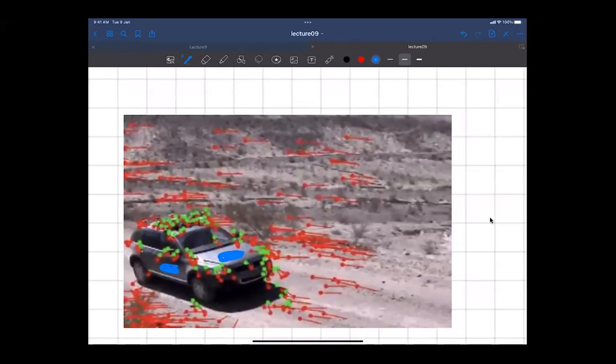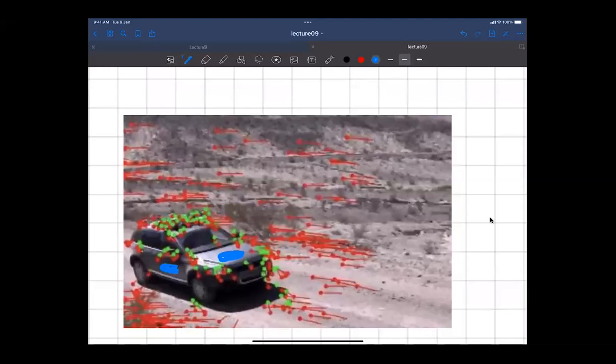The motion here, you have to be careful, is not necessarily the motion of the objects, but also the motion of the camera. If both of them are moving, then the optical flow represents the motion of the camera and the motion of the object. But if the camera is static, fixed onto a tripod, for example, then the motion information is only the motion of the object.